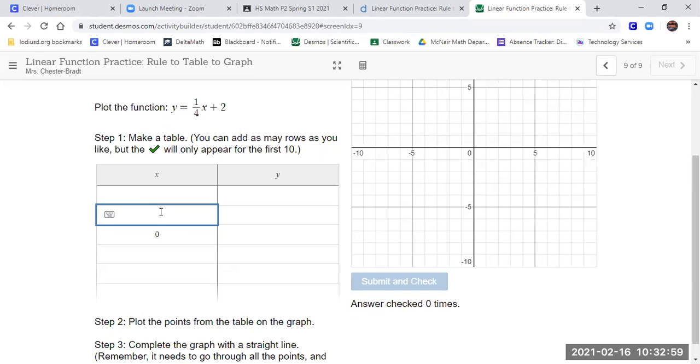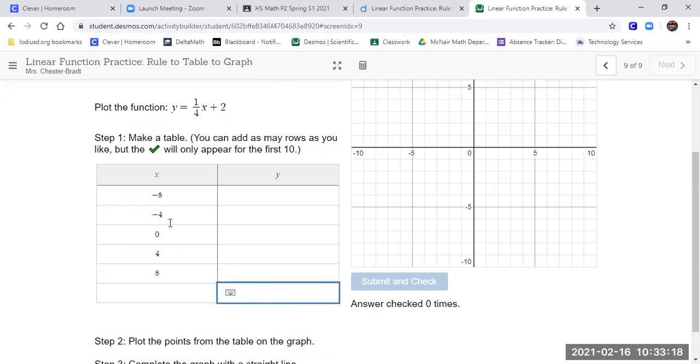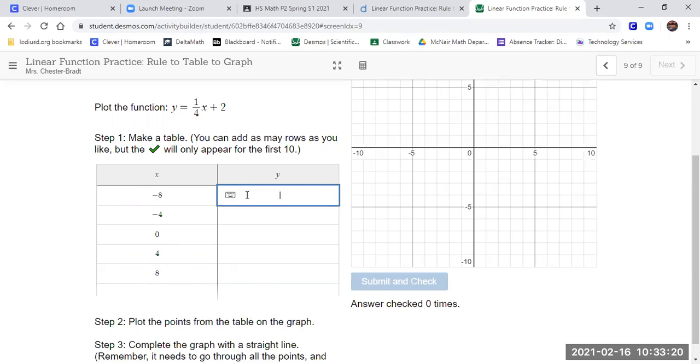Yes. And the next 4 after that? Negative 8. And then we mirror it in the other direction. We're going to go with our positive 4 and our positive 8. Okay. We are not going to do more than 5. We're just going to do those 5.